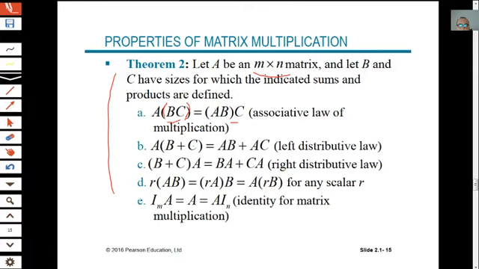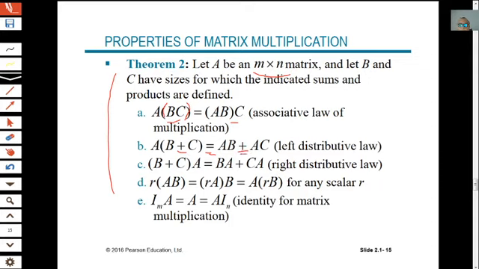And we have the left distributive law for matrix multiplication. We can distribute the matrix A over the addition of the matrices B and C. As you can see, they are equal: A times B plus A times C. First you can add the matrices, and then apply the matrix multiplication, or first you can find the multiplications of A and B and A and C, and then apply addition of the results.